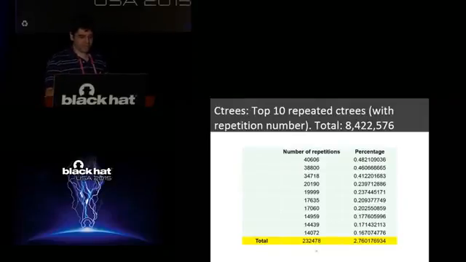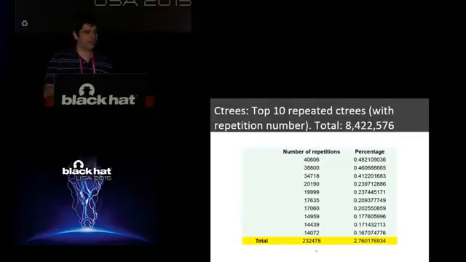So this shows that this kind of analysis is really good to assist malware analysts on which C-trees to focus. Because now if you just focus on the top 10 repeated C-trees, you are covering 2.76% of all the C-trees. So this shows that it's really assisting the analysts.